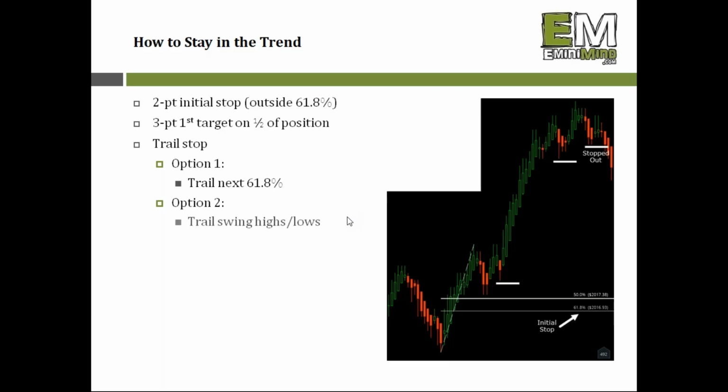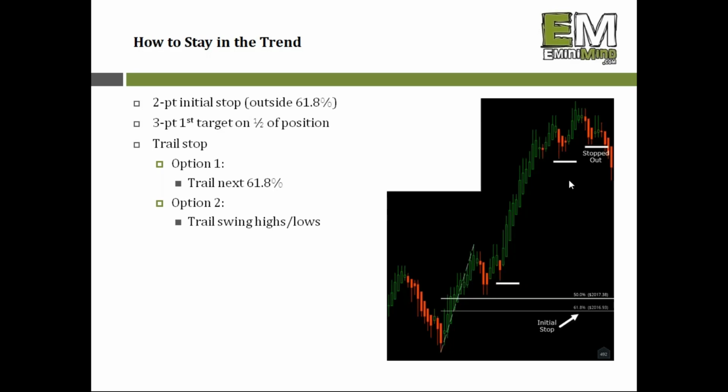The one that I like to use the most is just trailing the next swing low. If I'm long, we come up here, make a little bit of a double top and pull back. Once you make a new high, then I can bring my stop up and put it under that swing low. You get a fast run up, market pulls back a little bit, and then moves higher yet again.